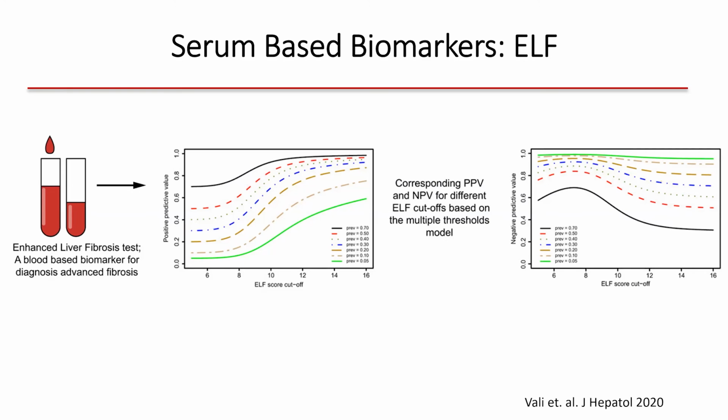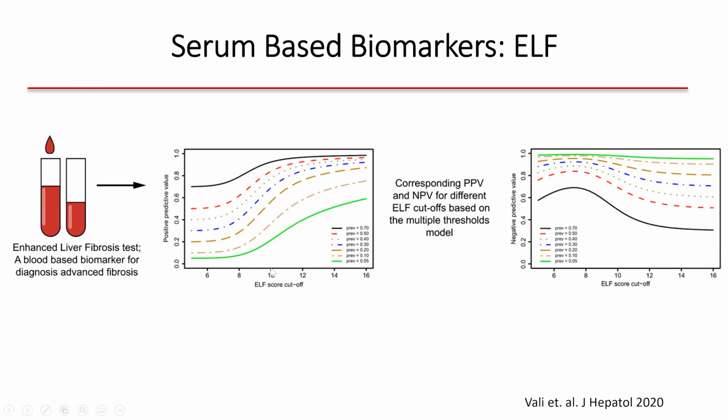And this is the data from the LITMUS trial, a meta-analysis that looked at the studies that have been published. As you can see, this is the positive predictive value based on the prevalence of disease, and then this is the negative predictive value based on the prevalence of disease. One thing I do want to note is that the positive predictive value tends to improve based on the prevalence of disease.